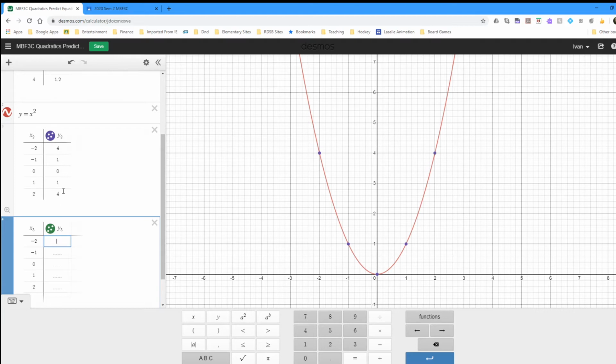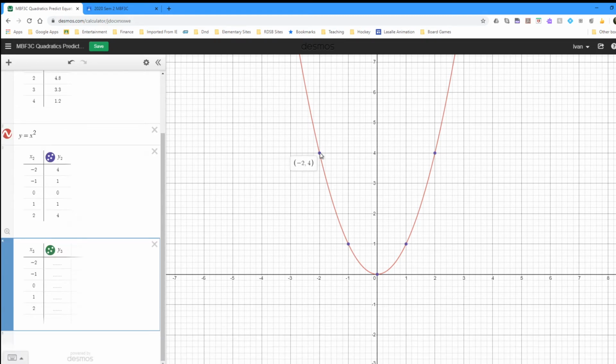So remember, the y values are just the heights of the points, right? So at -2, we have a height of 4 right there. At -1, we have a height of 1, 0 a height of 0, 1 a height of 1, 2 a height of 4. So those are the heights of those points. If I wrote y is equal to 3x squared, how would the y values in the table change?